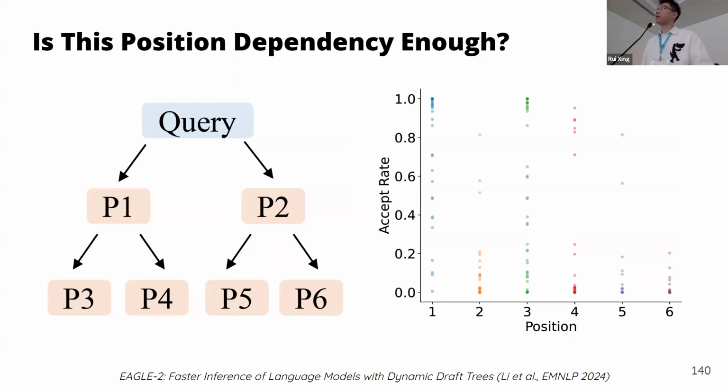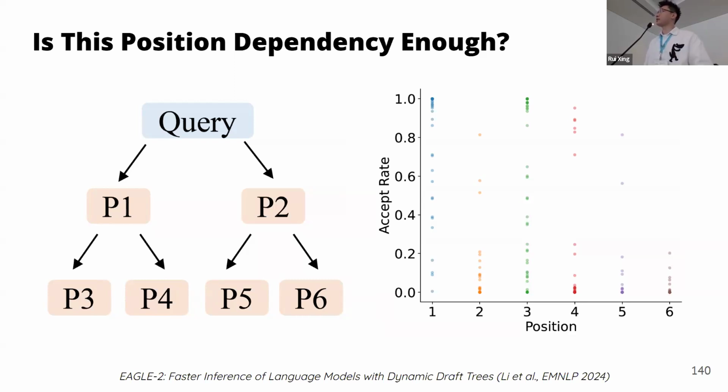So the P1 position means the top 1 prediction of the first draft token, and the P2 means the top 2 prediction, the one with the second largest probability. Intuitively, P1 and P3 have a higher possibility to be accepted, because the draft model has a high confidence in them. They are top 1 predictions, and P6 and P2 have a relatively lower possibility to get accepted.